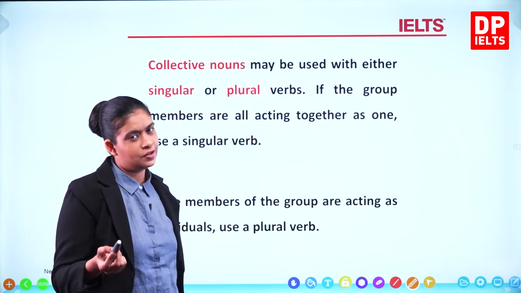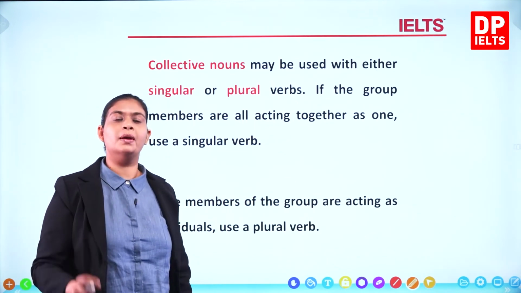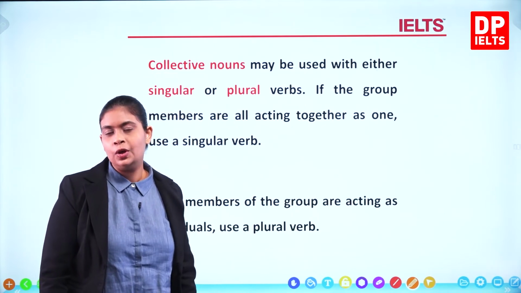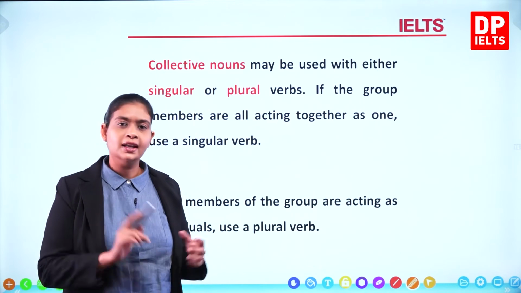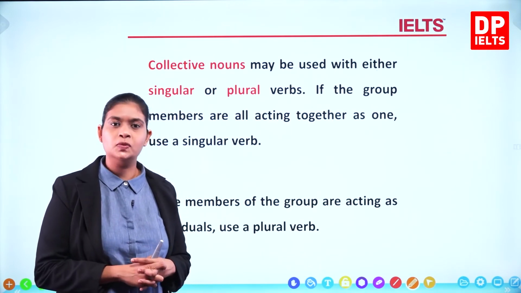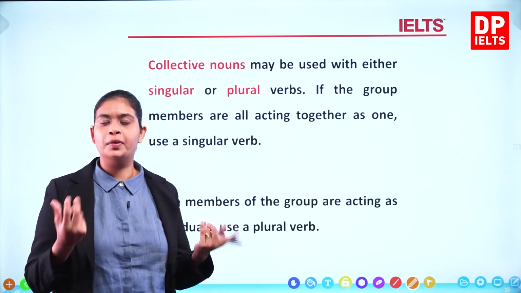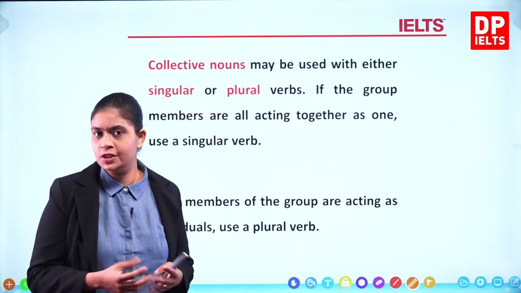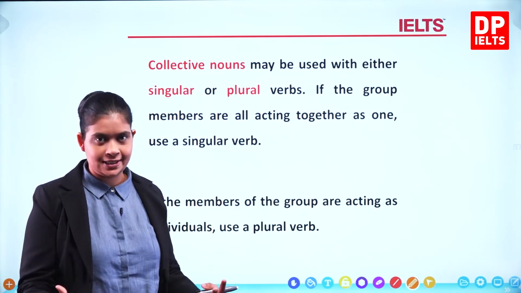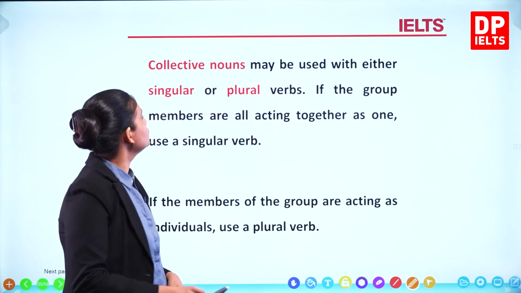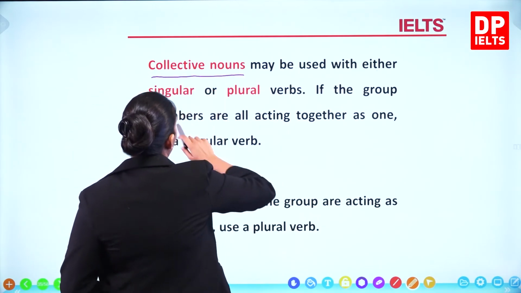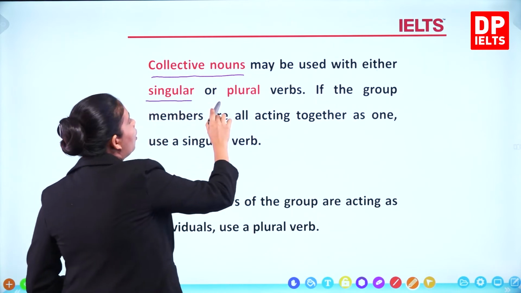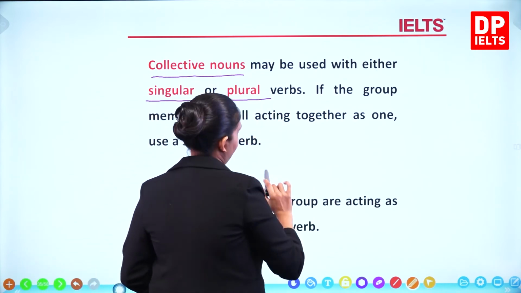Collective nouns. Now, if you remember in our nouns lesson, we spoke about collective nouns. Collective nouns are names which we gave for a group of people, group of animals, or group of things. So with collective nouns, it may be either singular or plural.